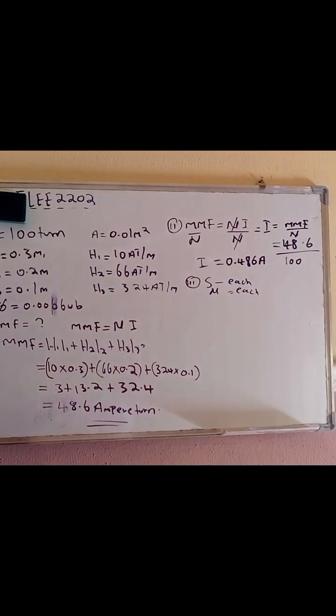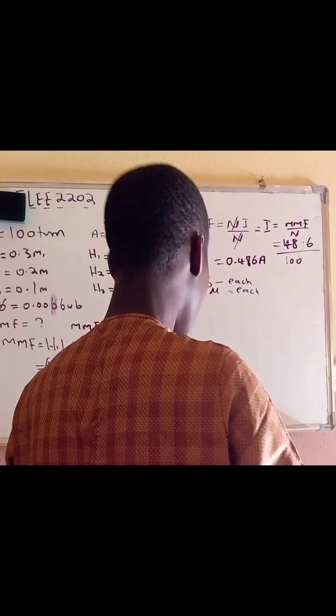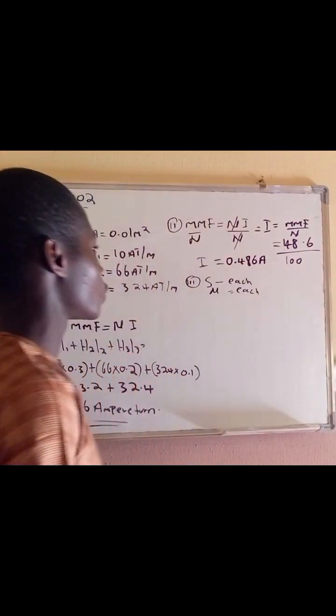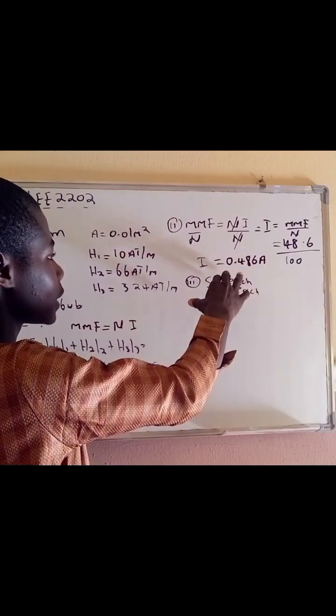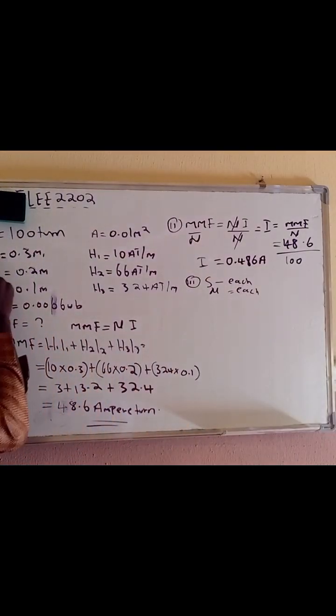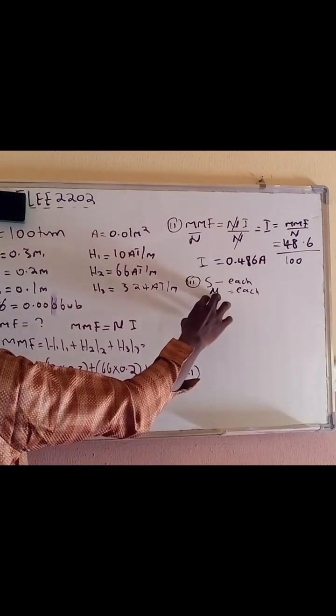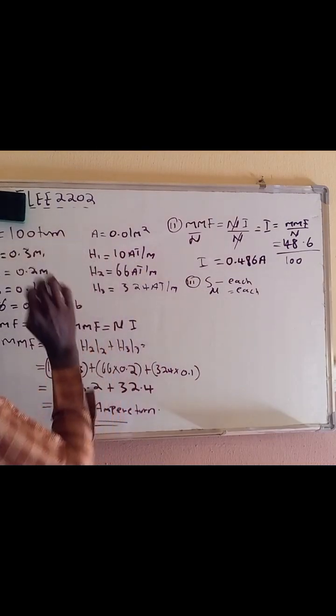So how can we calculate these two? We are to find the reluctance for L1, for L2, and also for L3, and also the permeability for H1, H2, and H3.